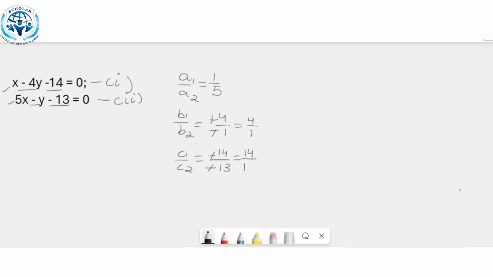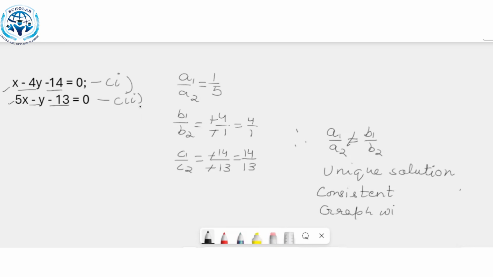So we can observe that a1 upon a2 is not equal to b1 upon b2. So we don't need to find out whether it is equal to c1 upon c2 or not, right? The pair of equations has a unique solution and the graph will be intersecting. And what else? The pair of equations is consistent. Understood now?